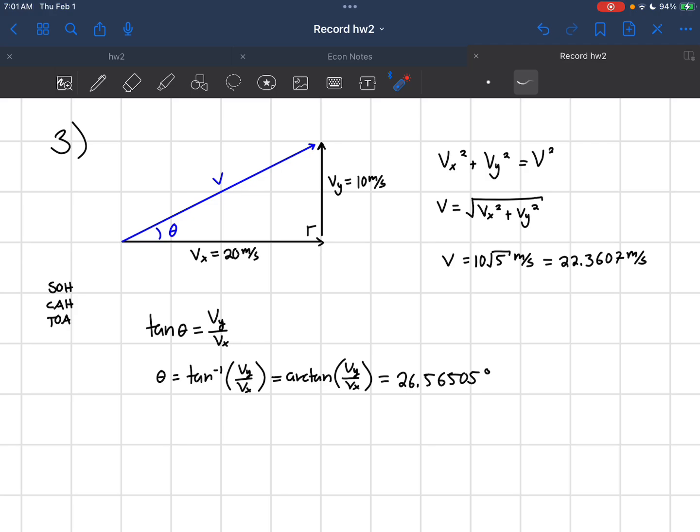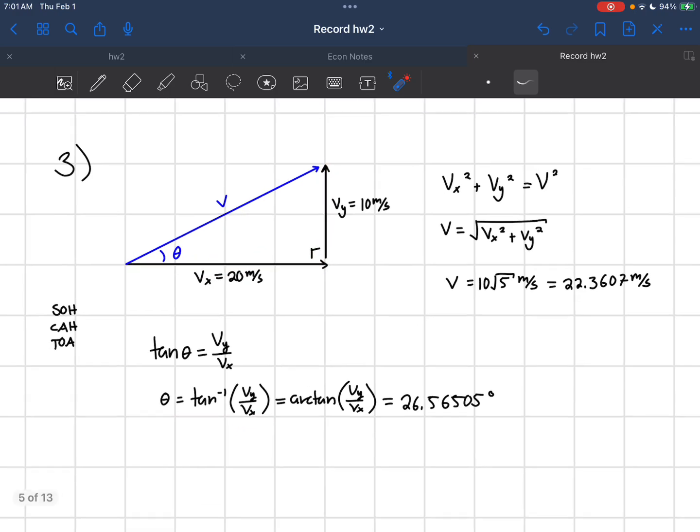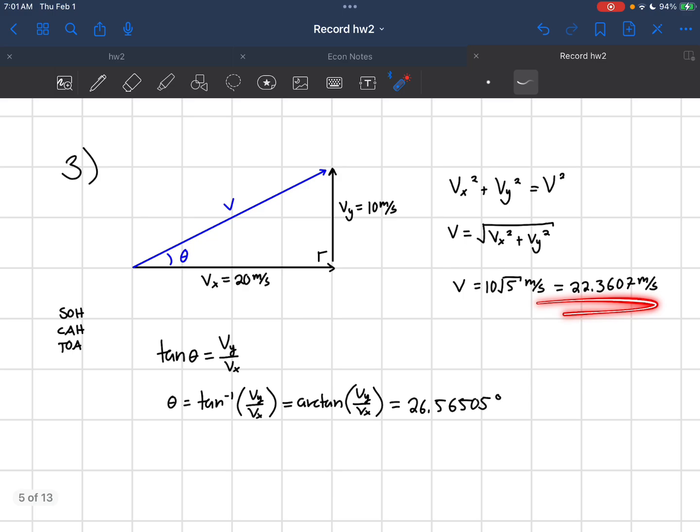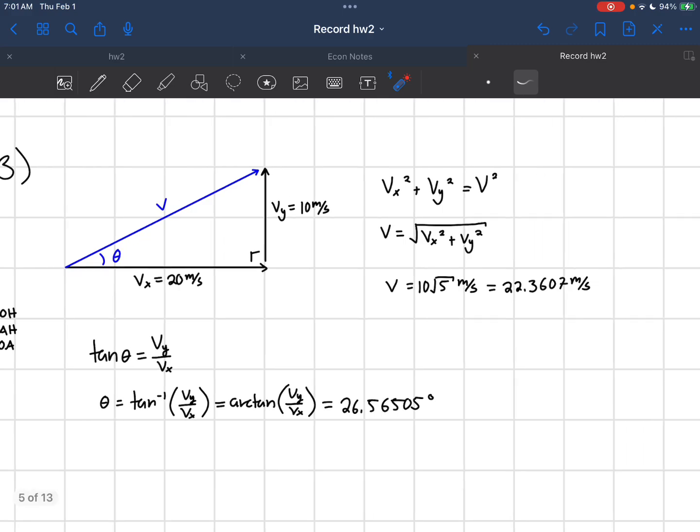So I usually like to try to pick one. I try to use tangent when I'm given my x and y components, but it doesn't really matter. You can use any of these. I just caution against it just in case you make a little like algebra mistake punching it into your calculator or something. But it's not that big a deal, especially on this problem because it's only like one step.